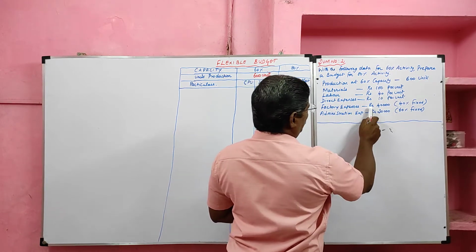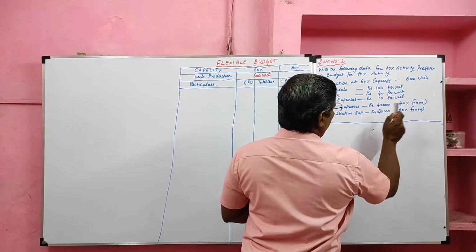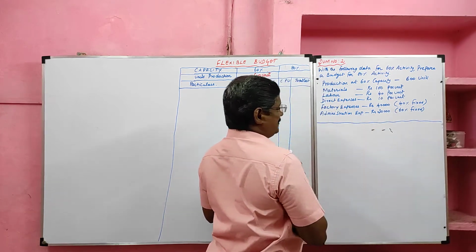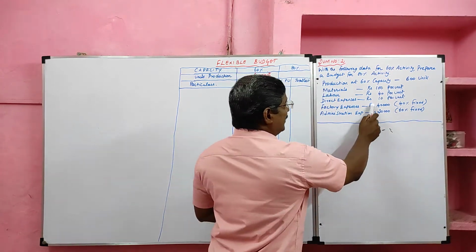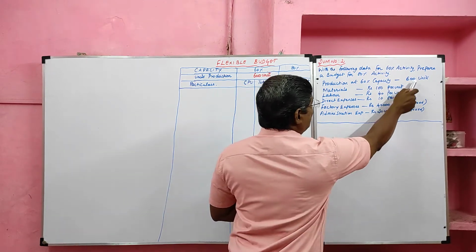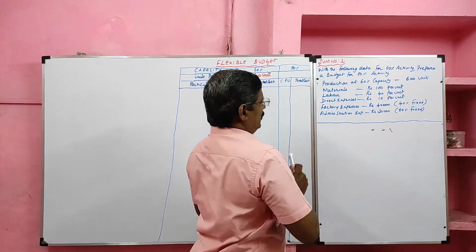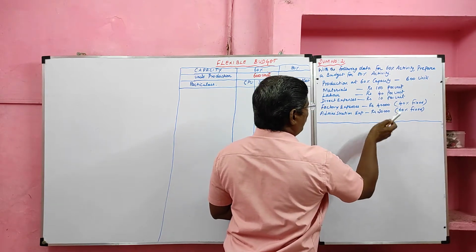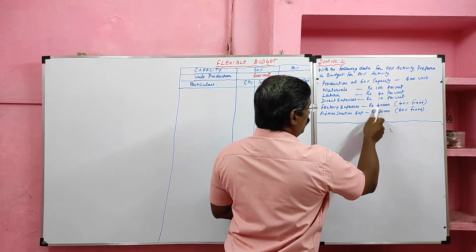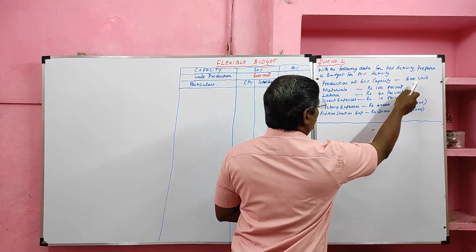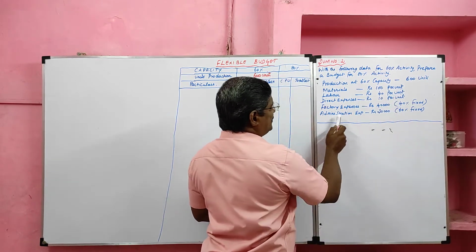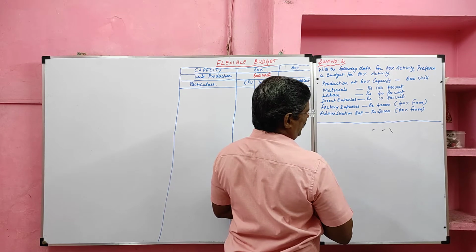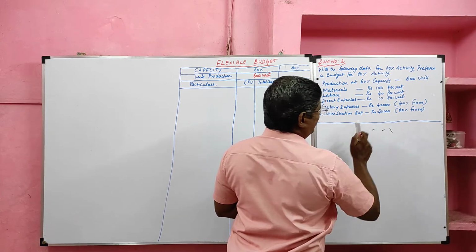Factory expenses, rupees 40,000, 40% fixed. It is a semi-variable expense, and the total cost for 600 units is given. Administration expenses, 30,000 rupees, of which 60% is fixed.